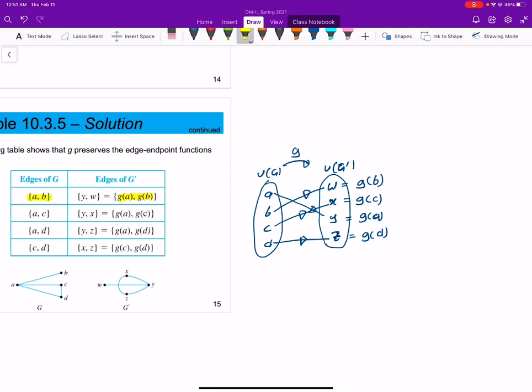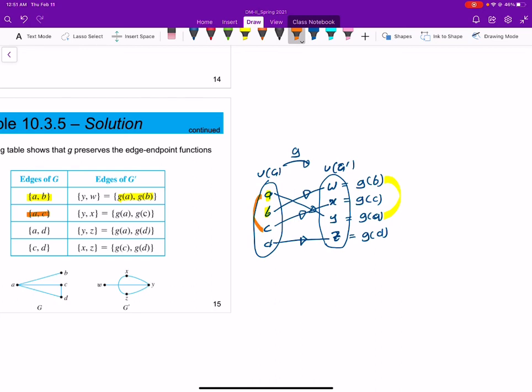AB, which is the edge between these two, this and that, is the same as the edge between this and that. Alright, and then AC.